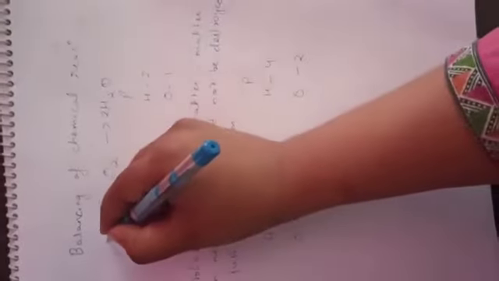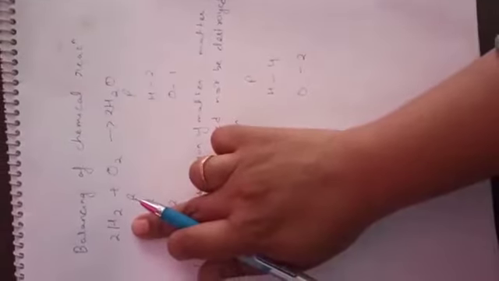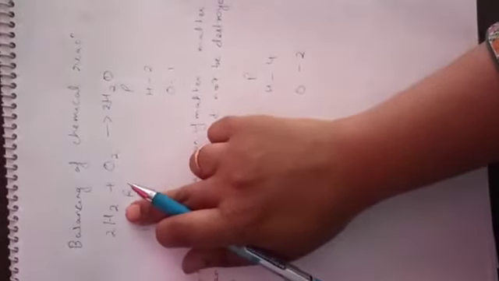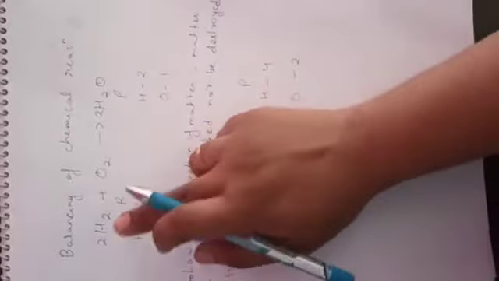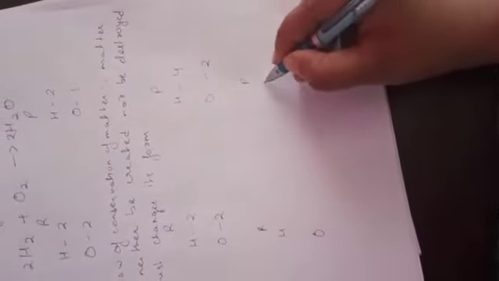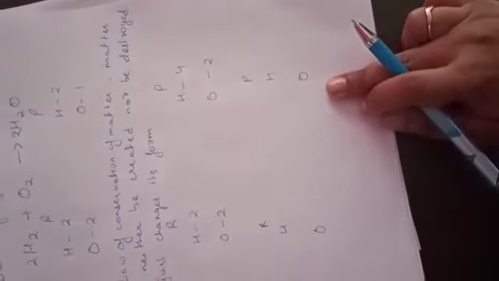Now you will see that hydrogen on the product side is 4 and hydrogen on the reactant side is only 2. To balance it, we will write 2 here. We have written 2 here. So now again, hydrogen and oxygen on the reactant side and hydrogen and oxygen on the product side.